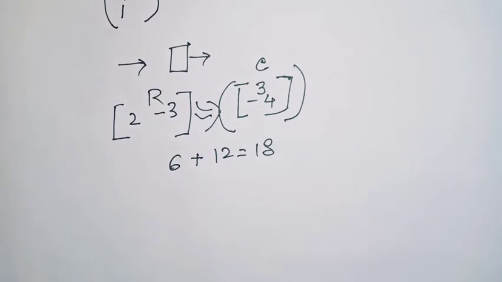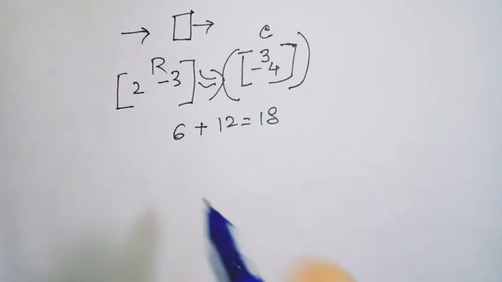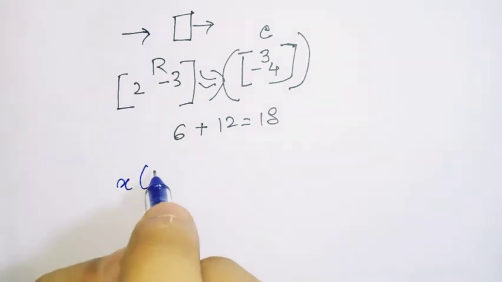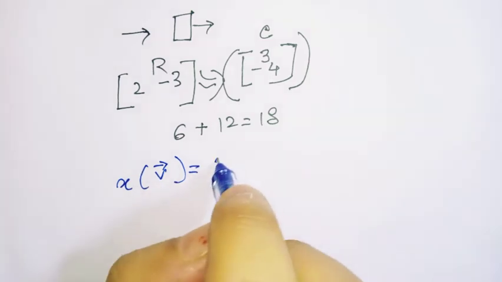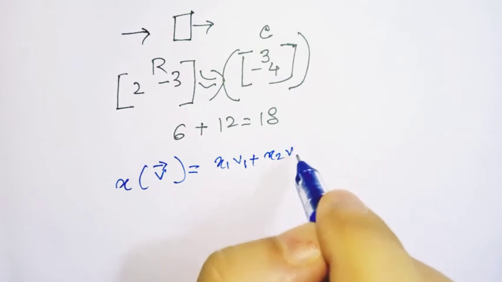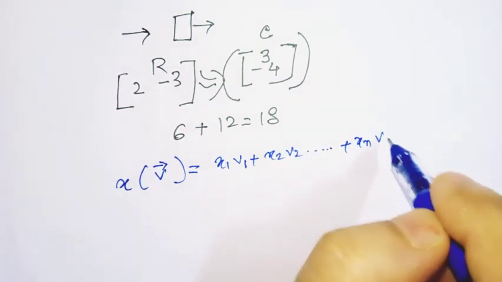Let me use a different pen color. Say X acts on a vector V, and this eventually results in x1 v1 plus x2 v2 and so on, up to xn vn.